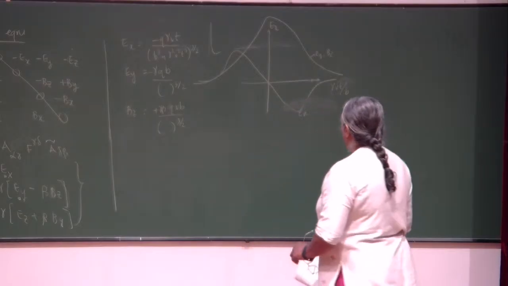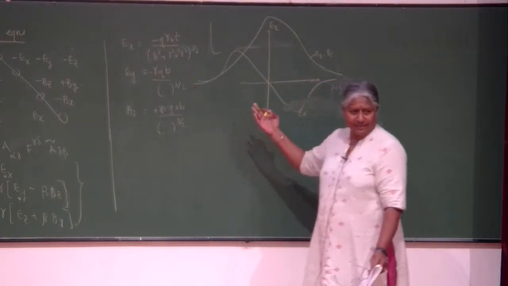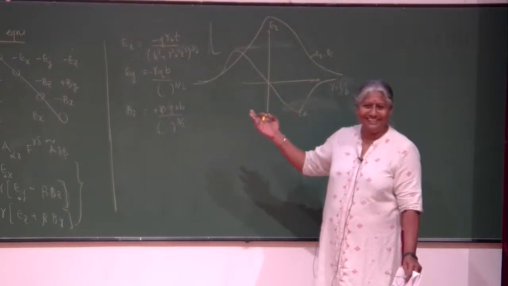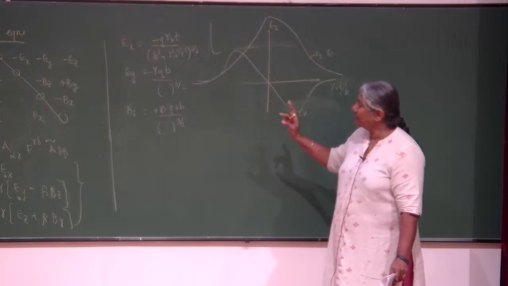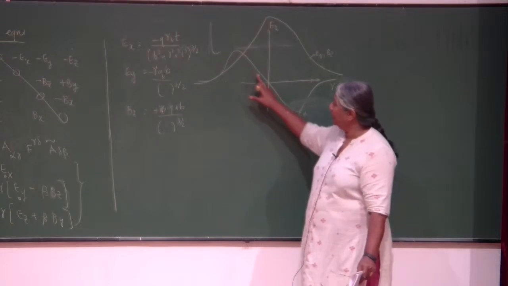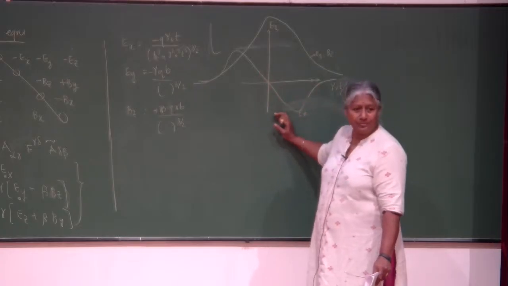So what the person will see, therefore, is a combination of all these fields, right? He will not see separately Ex and Ey, of course Ez is 0 and Bz, but what he will see is that this Ex component passes by in a flash, flips sign, he is not going to see much of it.